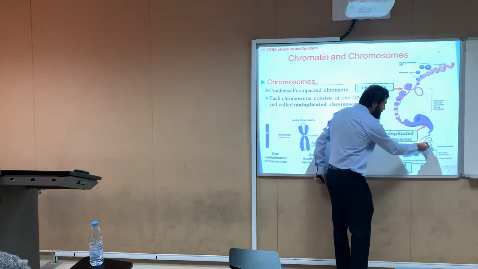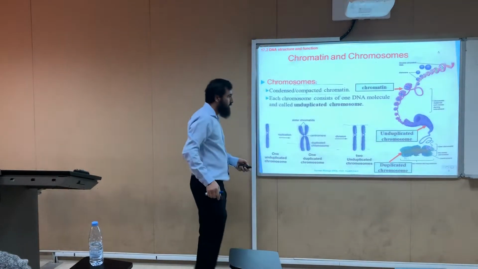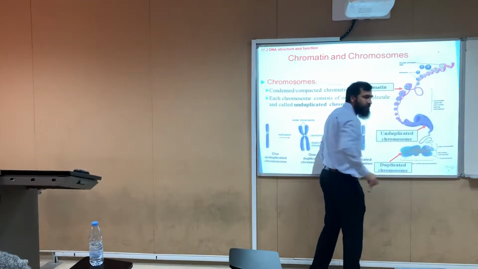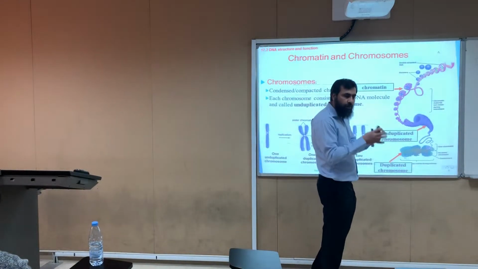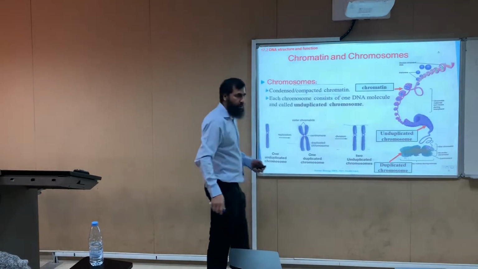Only during cell division do these structures appear, these chromosomes, okay? So basically the chromatin is made into a compacted form, which forms these chromosomes.